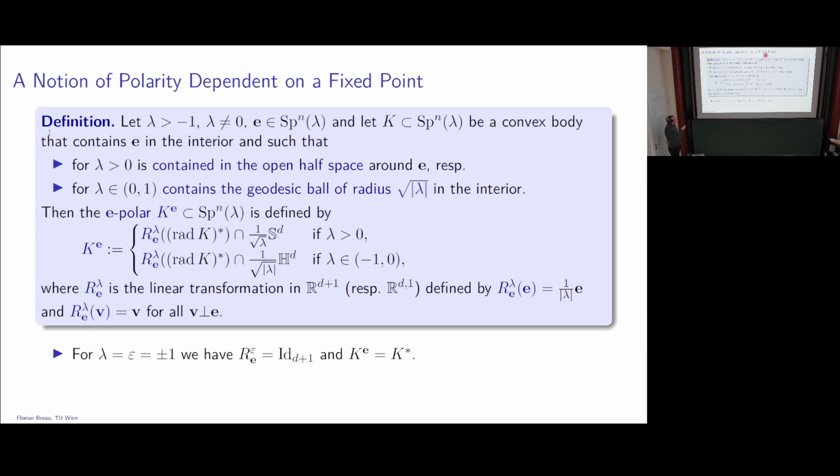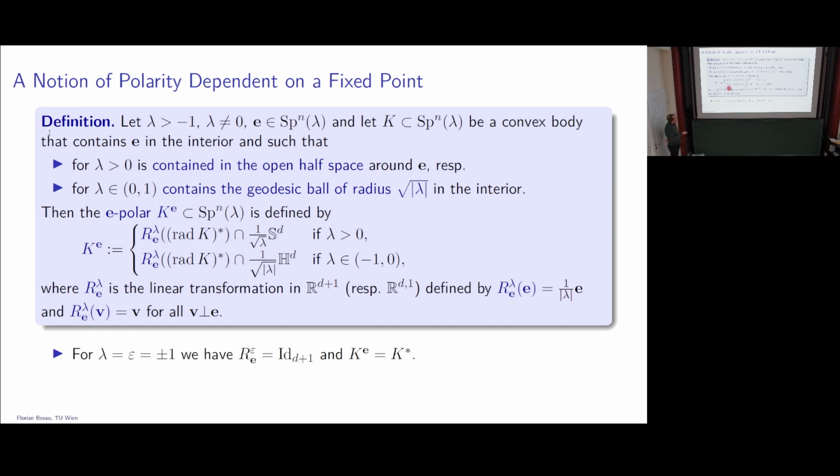So we fix a point E, and we look at convex bodies that contain this point in the interior. If the curvature of the space is positive, you want the set to be contained in an open half space. Or if the curvature is negative, sorry, the lambda here should be from minus 1 to 0, then you want the convex body to contain a geodesic ball of sufficient radius.